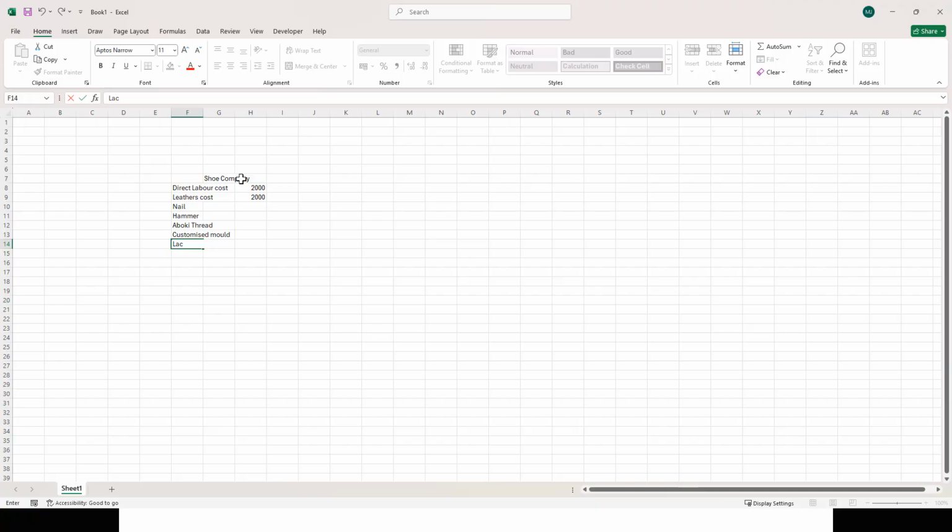Then laces. Let's say those things cost 1,000, and this costs 500. This costs 300. This costs 500. This costs 200. So everything totals this.